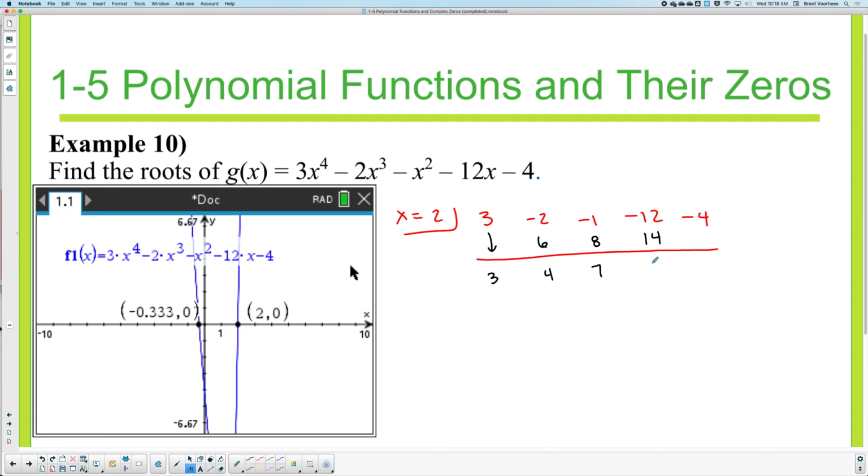Negative 12 plus 14 is? And 2 times 2? 4. What do we get there? 0. If you get 0 there, it is a zero and a factor. Good.